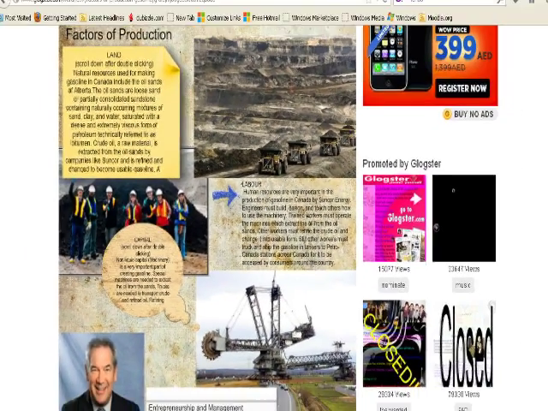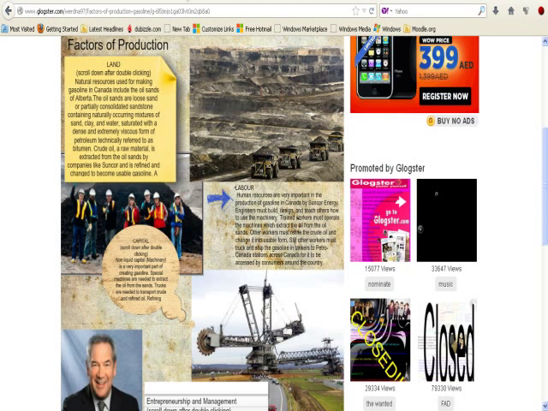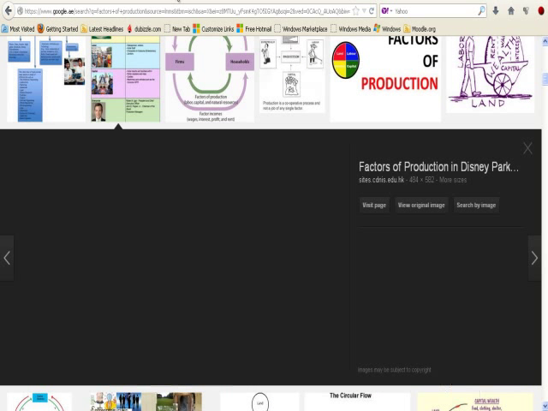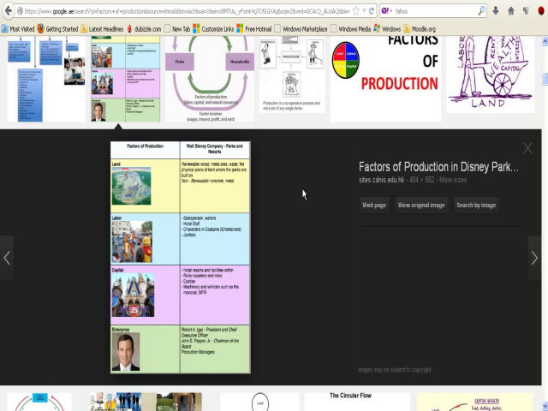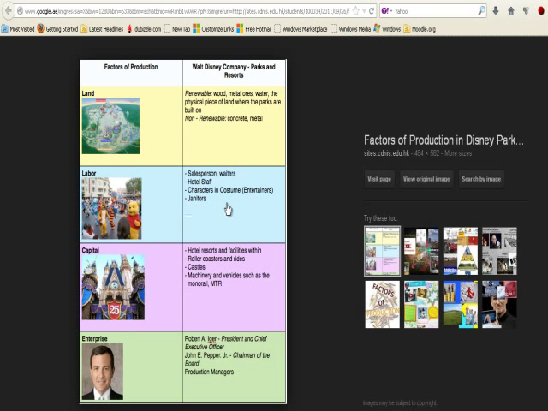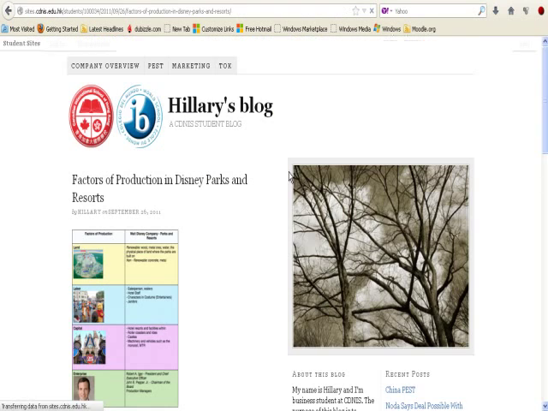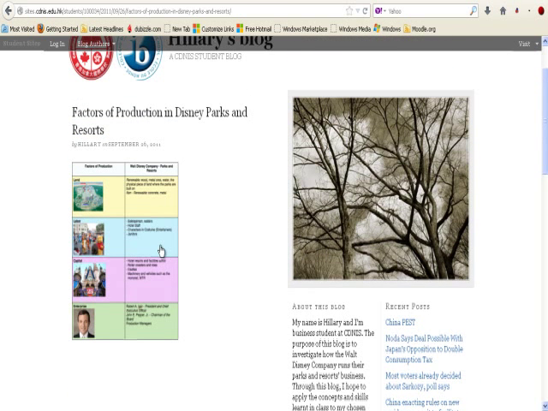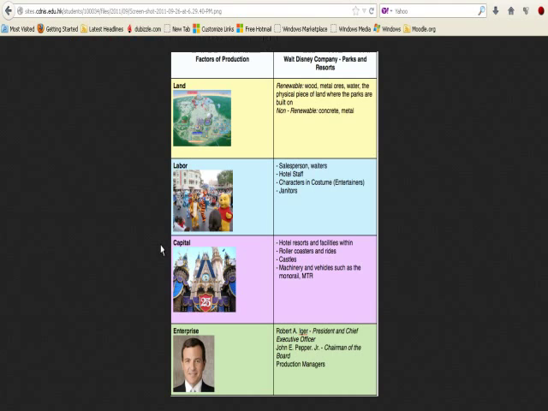Now if we go back to the Google search and pick one more example, just click it, and we reach this page. It will take us to Hillary's blog. You will find this image again, and just click it.